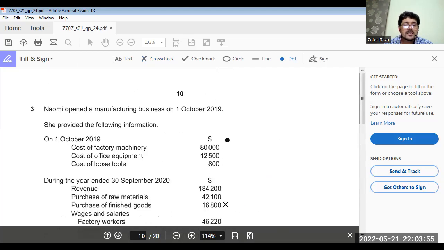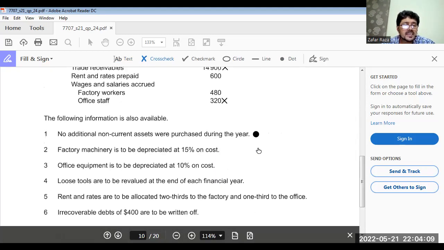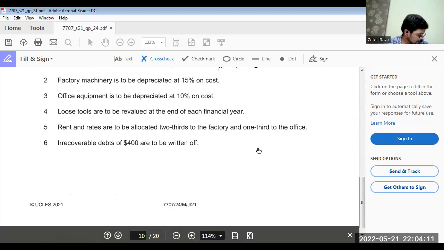Office equipment depreciation is also useless because we are making a manufacturing account, not an income statement. So cost of factory machinery 80,000 and depreciation is 15% on cost. So 80,000 multiplied by 15%. Answer is 12,000.